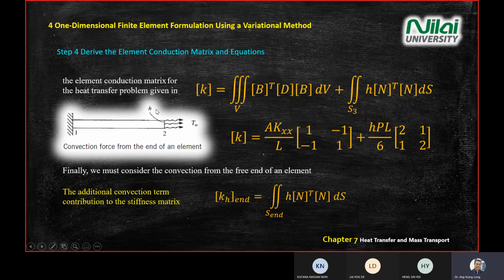That means if you have conduction, convection, plus there's a leakage at the end, there are 3 matrices in your step number 4. It means this one plus this one plus this one. So this is basically to summarize the steps.